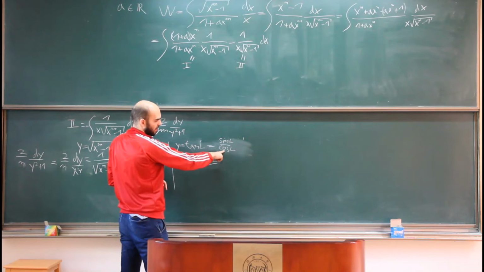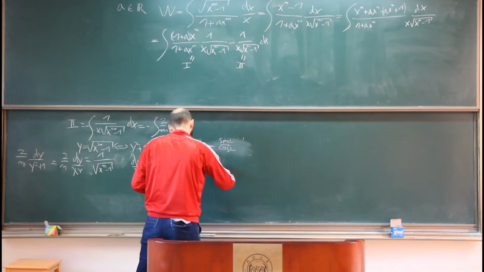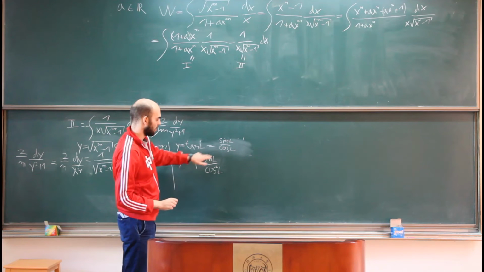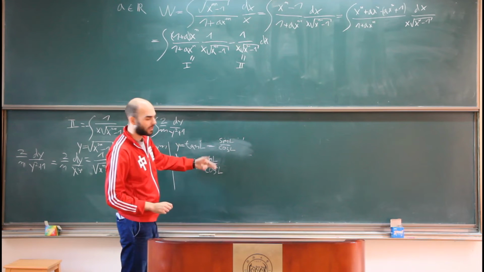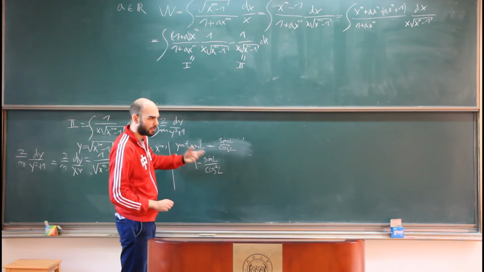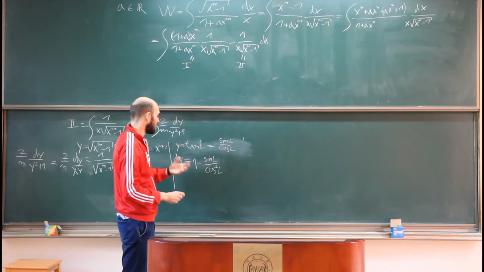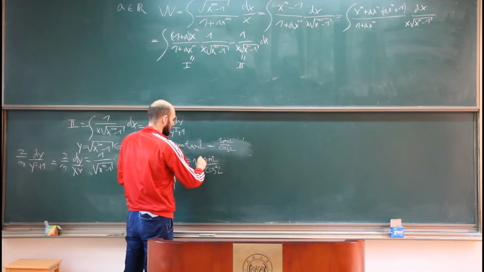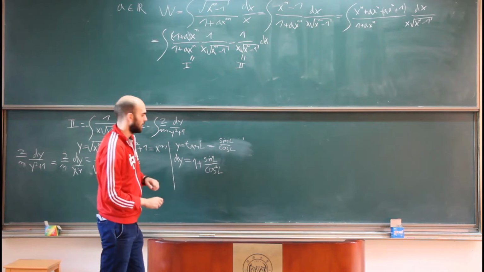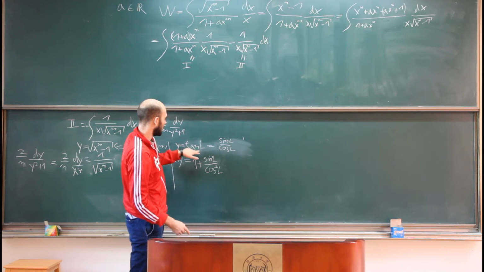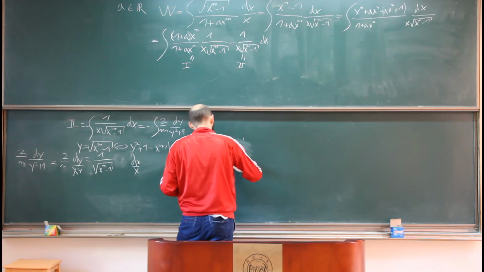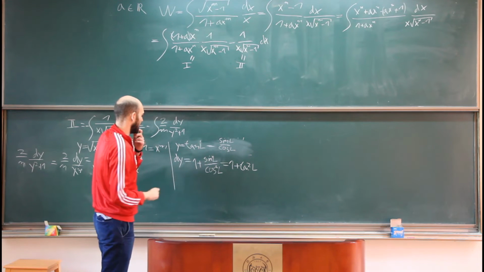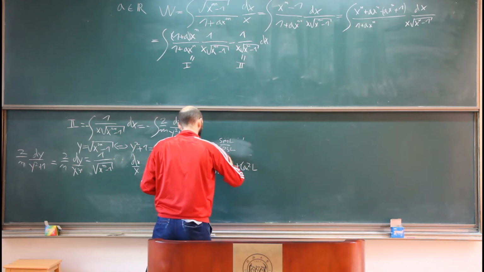And because it's in the bottom, we need to have a square. So it's cosine squared of L, and minus because it's also on the bottom. And now we need the inner derivative, and the derivative of cosine is minus sine. So we have sine here already, so I'll just put a square here and put a plus here. Okay, and this is just the tangent squared, so the derivative is 1 plus tangent squared of L, and that makes things really easy. Oh, and I've got to put a dL here at the end.